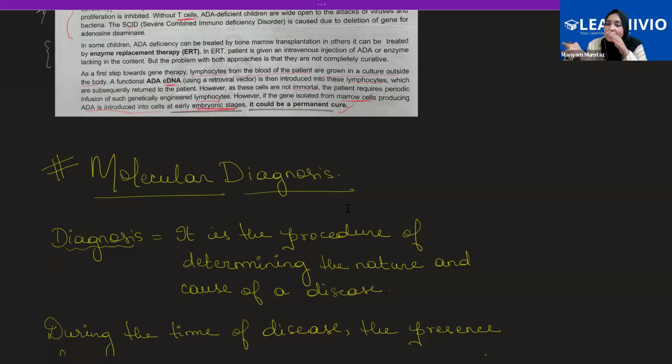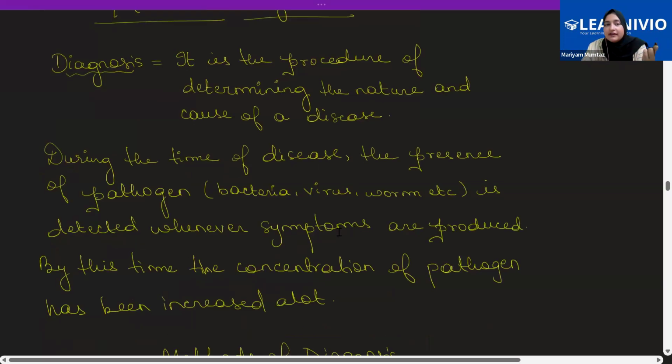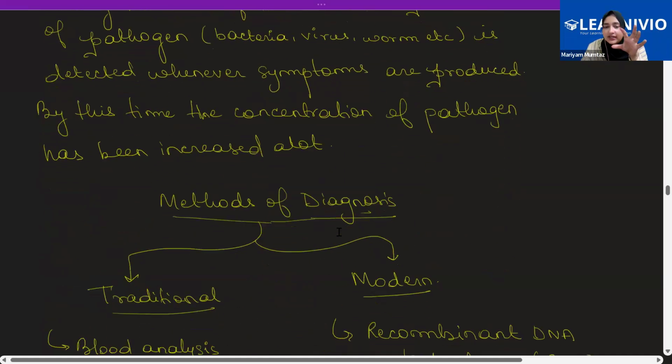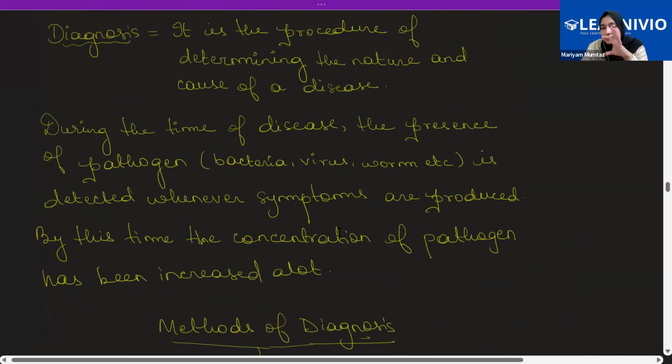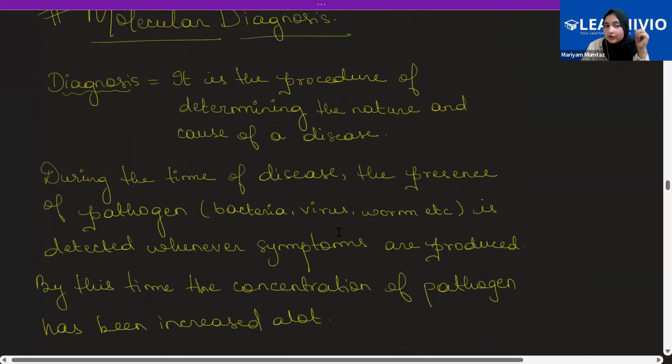So by the time the symptoms are shown in your body, the pathogen because of which the disease is being caused has increased a lot by that time, like thousands and thousands in number. But molecular diagnosis is the one wherein you detect the presence of pathogen before they have multiplied a lot.